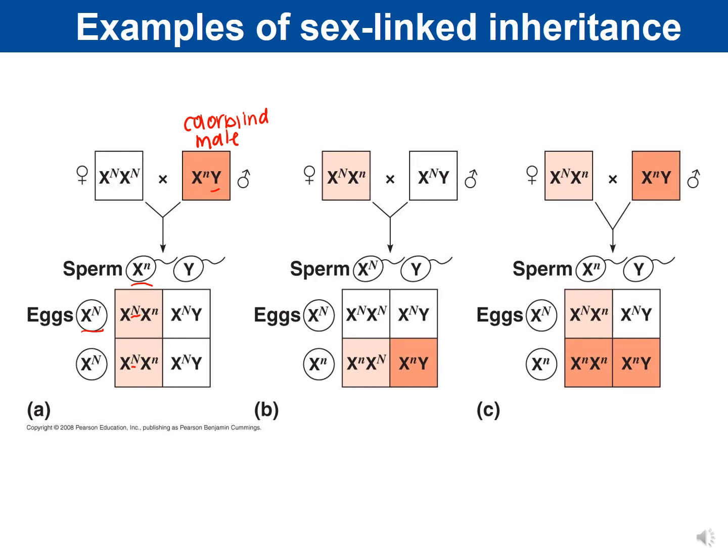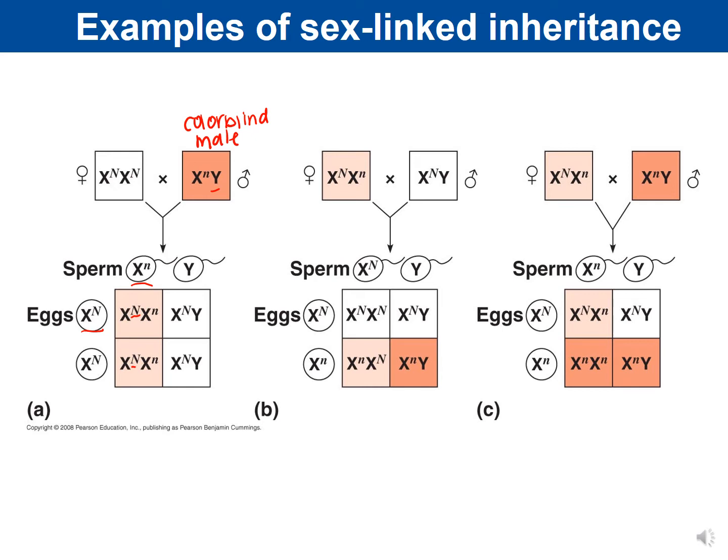I am this example. My dad is colorblind. My mom is not. So because my dad is colorblind, and I'm female, I know with 100% certainty that I carry the colorblind gene. I get an X big N from my mom, and I know I have a big N because I'm not colorblind.